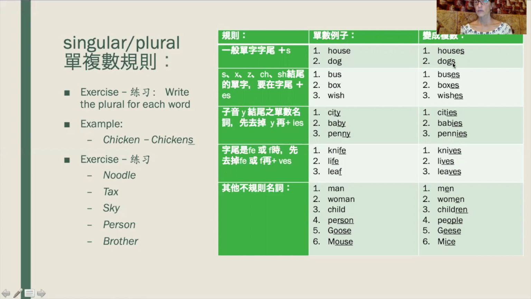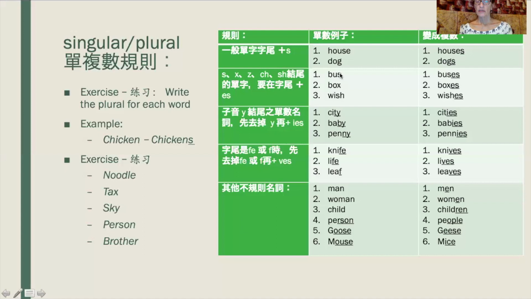And dog, you say dogs. House, houses. But you notice if I'm saying houses, it's got more of a Z sound than an S. Houses. Dogs. All right.